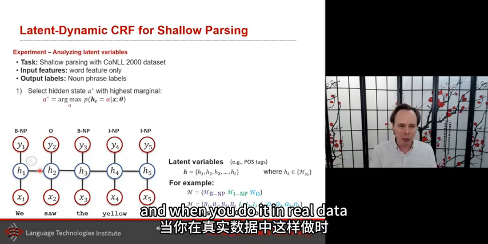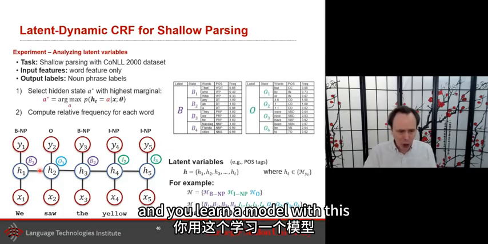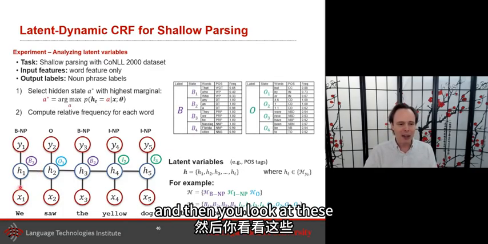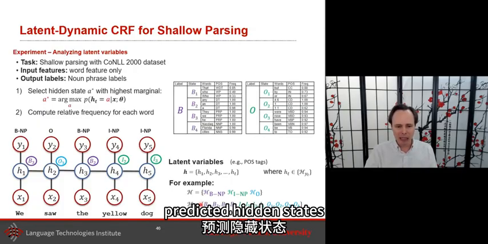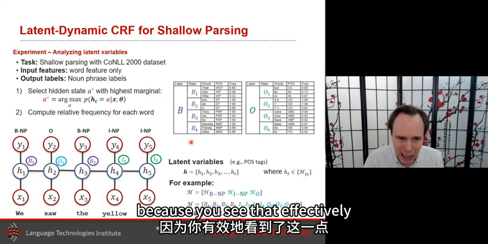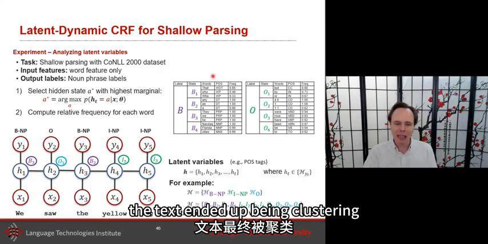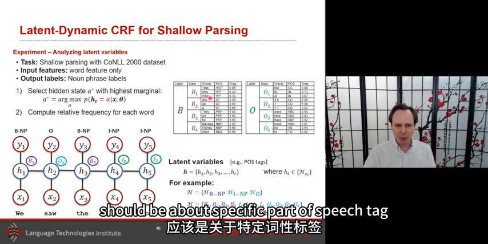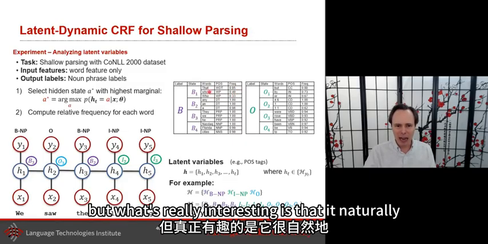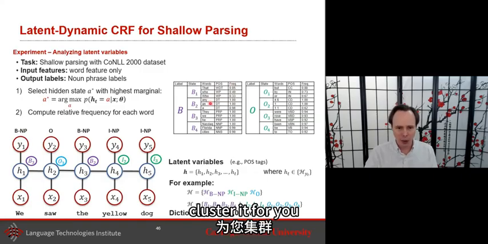And when you do it on real data and you learn a model with this, and then you look at these predicted hidden states, it's really interesting because you see that effectively the text ended up being clustered. You never told it that B1 should be about a specific part of speech tag, but what's really interesting is that it naturally clustered it for you.